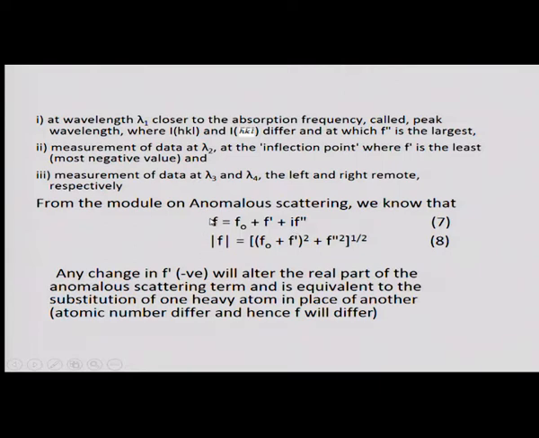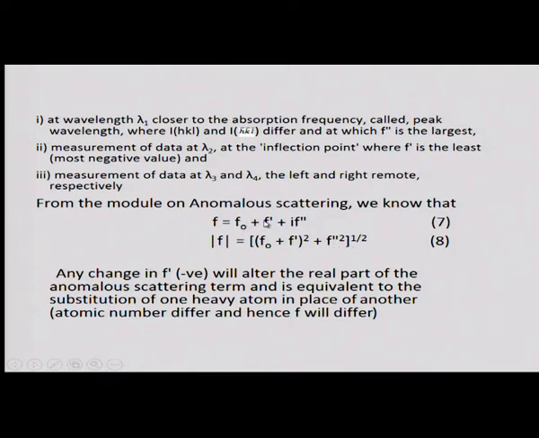So, the modulus of this anomalous scattering structure factor is nothing but the square of this real part added with the square of F double prime, then take the square root. Okay. This is the thing. So, this is the atomic scattering factor in the presence of anomalous scattering. So, here it is normal.